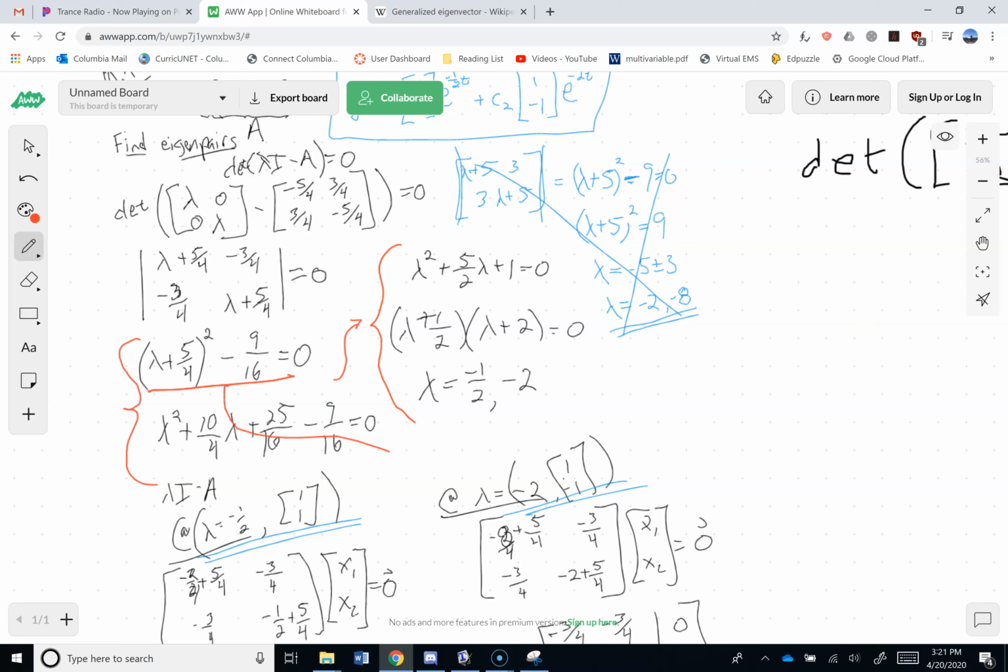From this one, I really should have just done lambda plus 5/4 is plus or minus 3/4. It was already a completed square. I don't know why I felt the need to multiply it out and then factor it when I could have just solved for it the way it was.